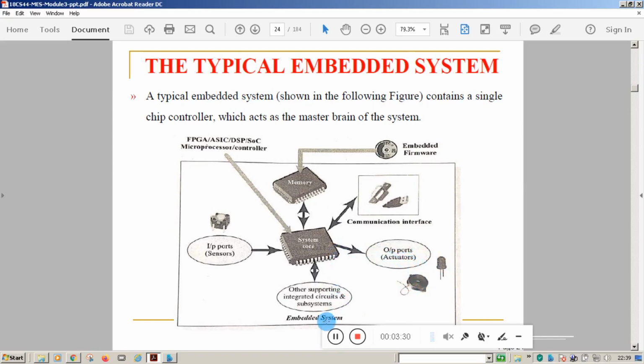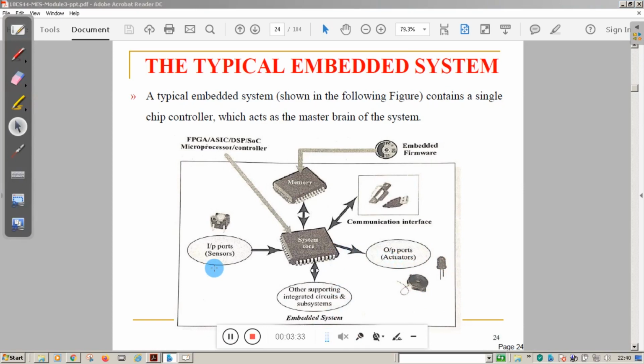If I want to give an example for input devices, they are like keyboard and push button switches, and output devices are LEDs, liquid crystal display, and electronic buzzer.